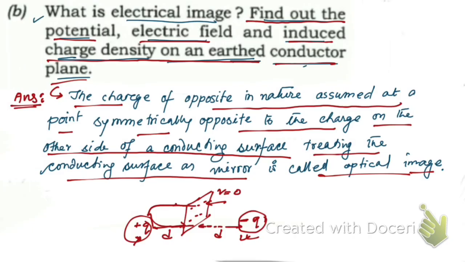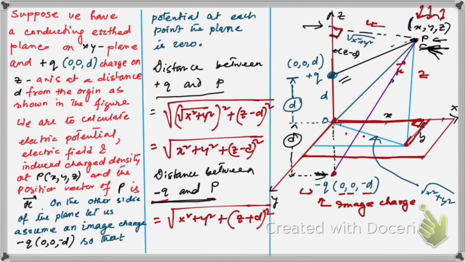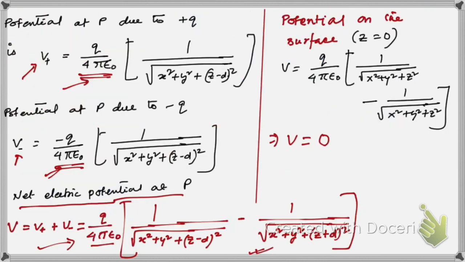Here you can see, this is the question: potential, electric field, induced EMF, charge density on an earthed conductor plane. So this conductor is being earthed, right, so that its potential is 0. So this is the expression.